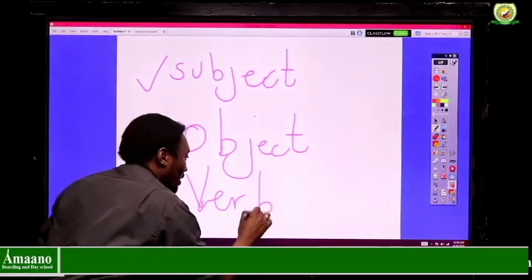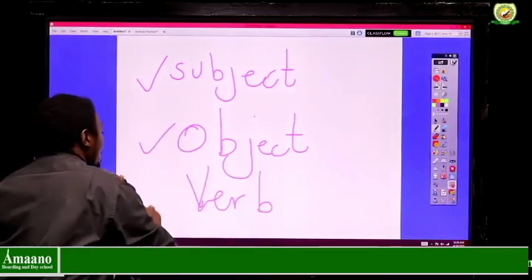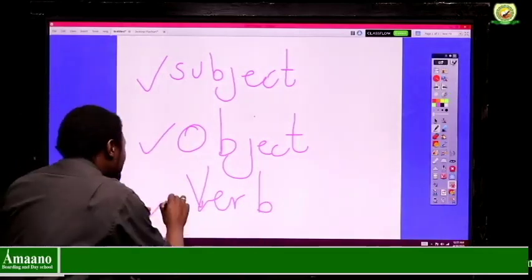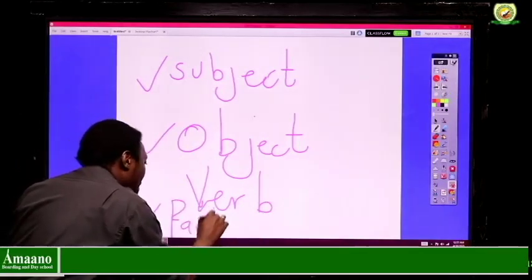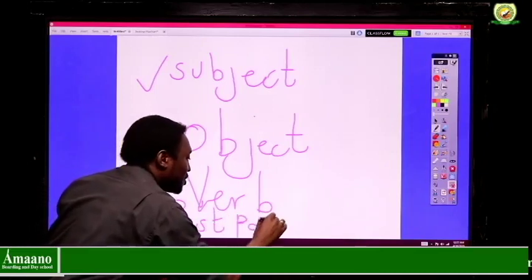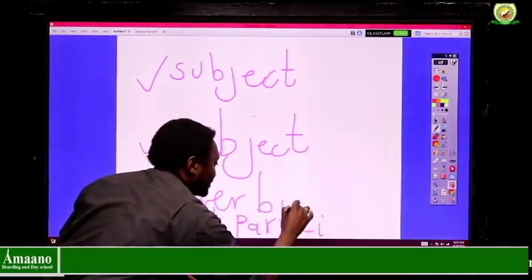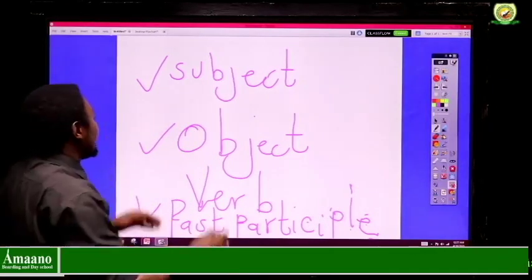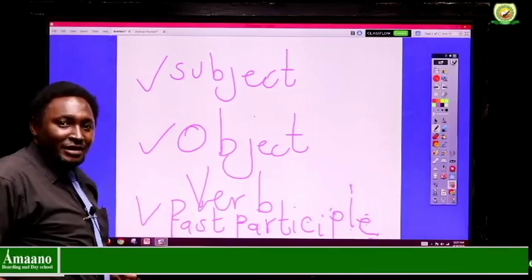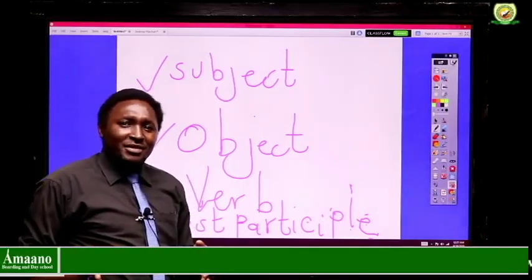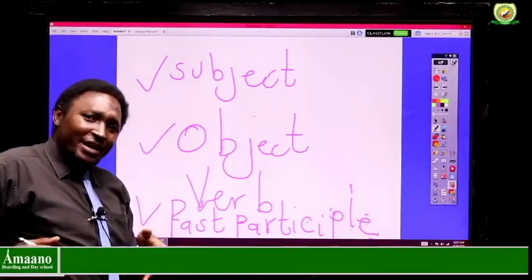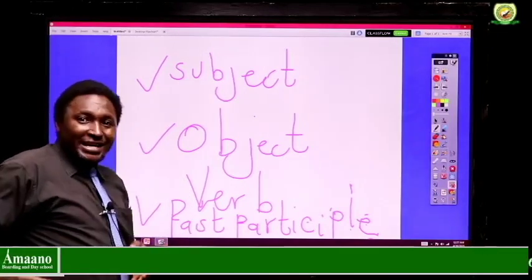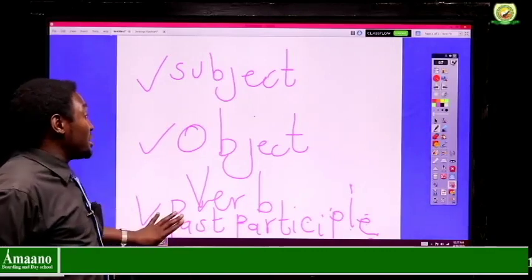You also need to remind yourself about past participle form of verbs. For example, eat, ate, eaten. Eat is simple present, ate is simple past, eaten is the participle form. So we need to remind ourselves about this.